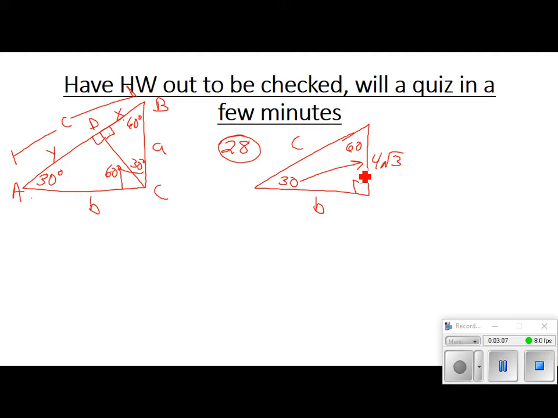That was before. This is what I want you to change your notes to. I mentioned this when we started, and then I said I was going to teach it differently this year. Then I figured out that it was stupid to teach it differently. So change this in your notes. The side across from the 30-degree angle, we're going to label L. The side across from the 60-degree angle, we're going to label L radical 3.